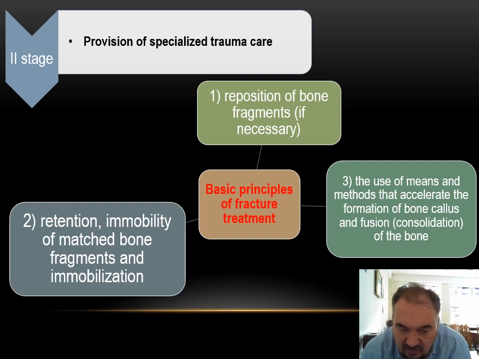The second point is mandatory: the retention and creation of immobility of the fracture, as well as the retention of the matched fragments, that is, proper immobilization. And the third point is, of course, pharmacology. This is the use of means and methods that accelerate the formation of a callus, that is, accelerate bone healing, or if we use the medical term, bone consolidation.